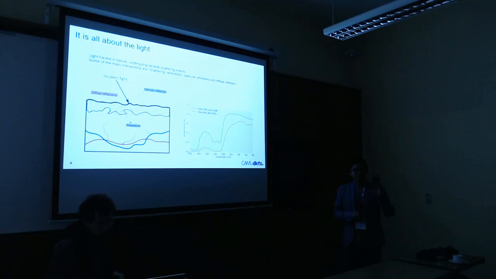Once the light travels inside the tissue, there are three main interactions that it can go through. It can suffer specular reflections, absorption, or diffuse reflections. Most of these techniques only look at diffuse reflections, because if you look at the spectrum that you get with different techniques, you can see that, depending on the content of blood or the content of oxygen in the tissue, the spectrum will look different.